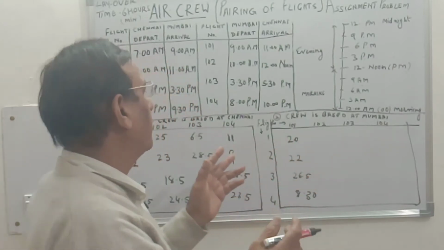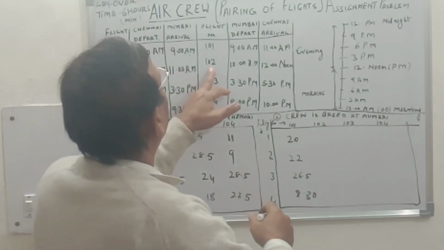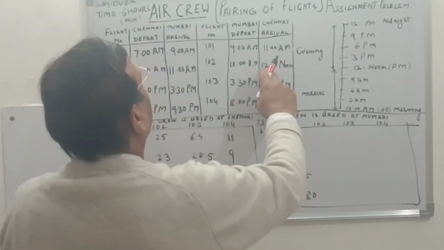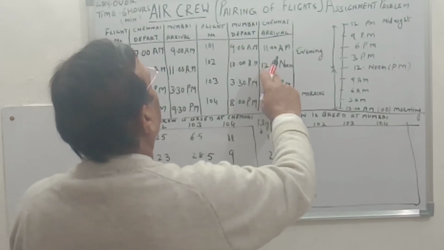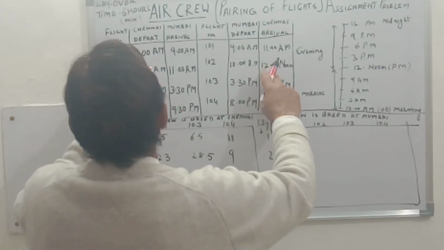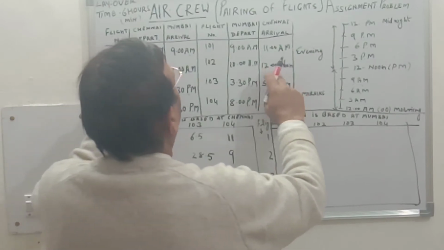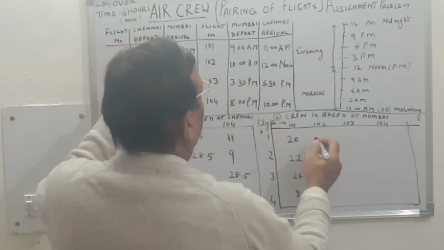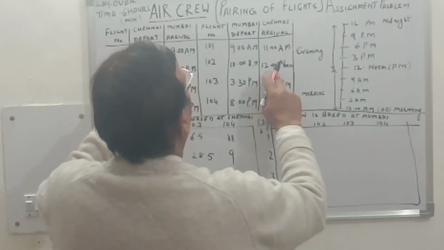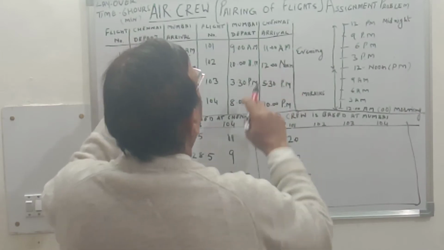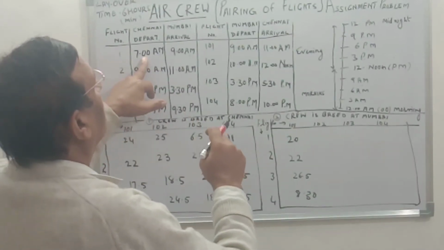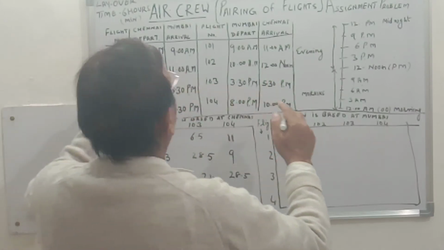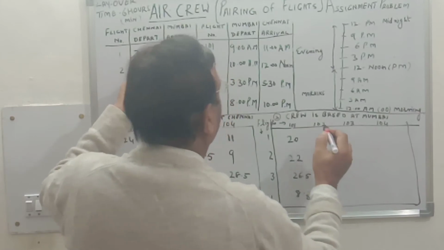Now flight number 102 arrival in Chennai is 12 noon and it will depart from Chennai at 7. 12 to 7. This is 102, 12 noon to 7 a.m. So it is 12 plus 7, 19.